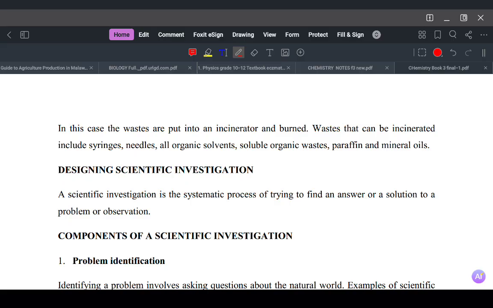Welcome to a subtopic of the topic experimental techniques, which is called designing a scientific investigation. It would help, for the sake of this lesson and the syllabus, to define a scientific investigation.